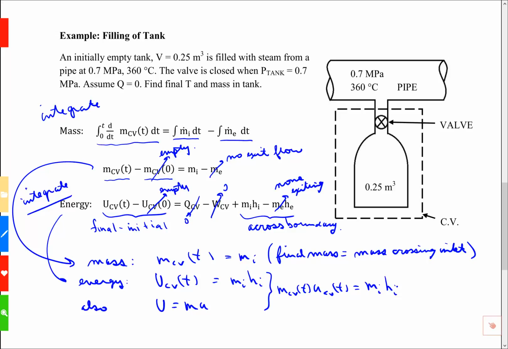Now the mass balance says that this mass here is the same as this mass here. So I can cancel these. And I have left that the internal energy at the end of the process in the tank is equal to the enthalpy that crossed the boundary.